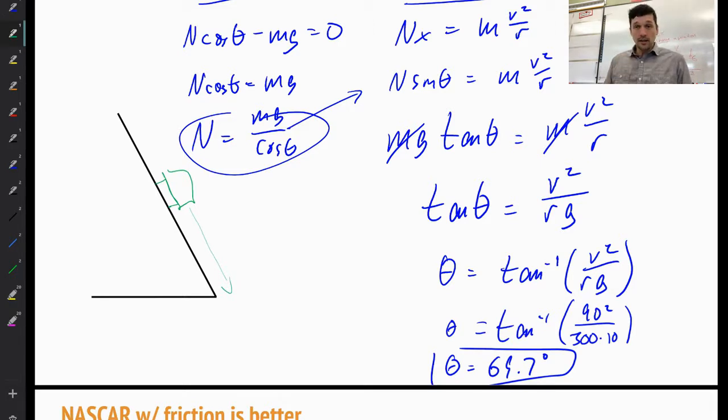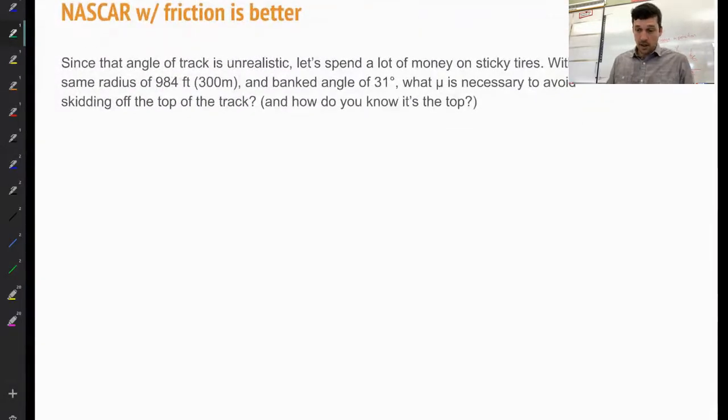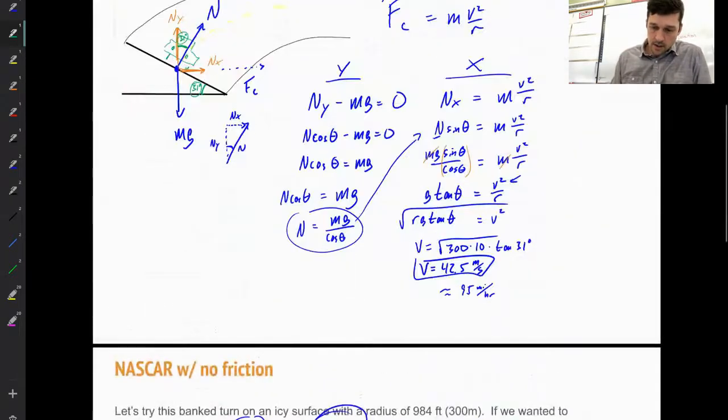So if you want to win NASCAR races, let's spend money on tires. Sticky tires are the way to go. Let's use them. I'm going to copy this diagram because I like it a lot.